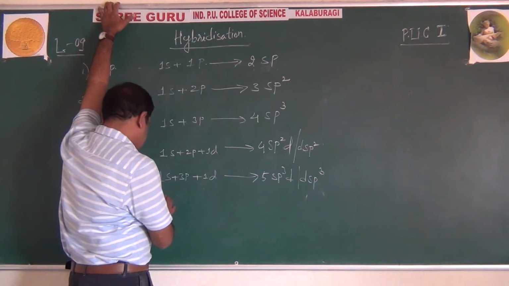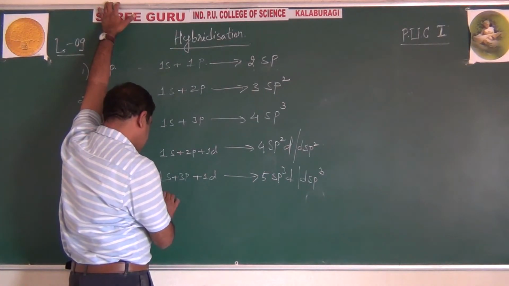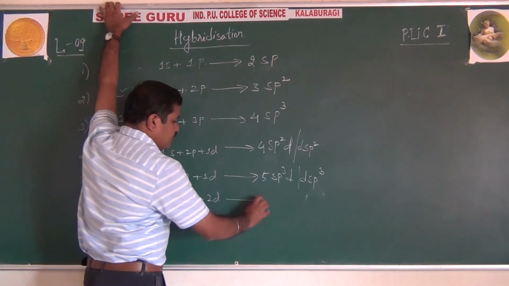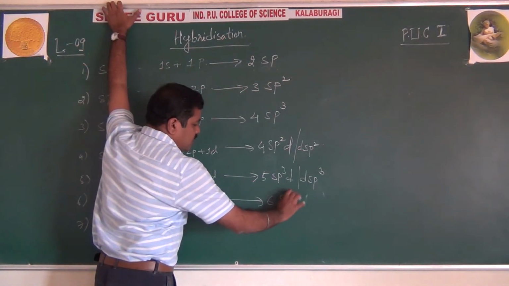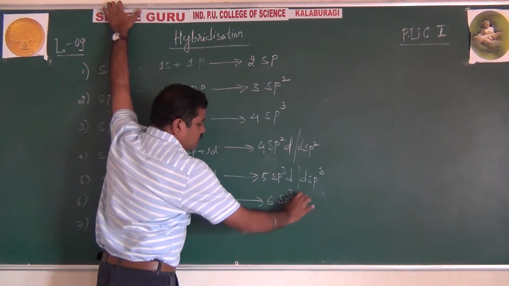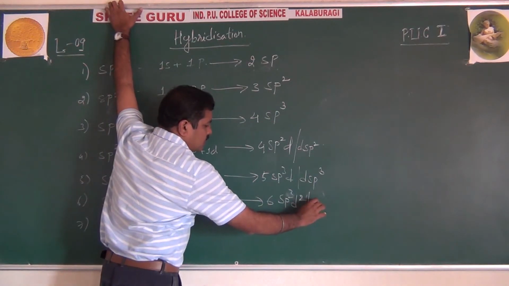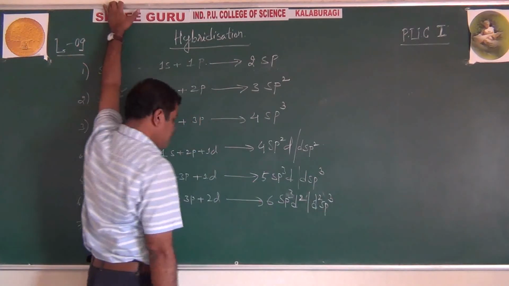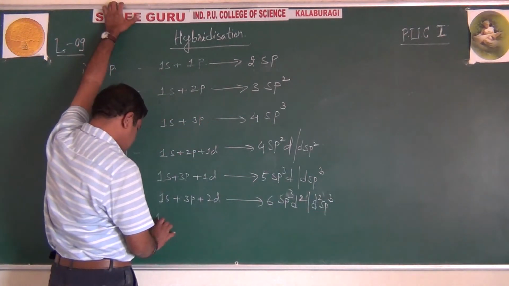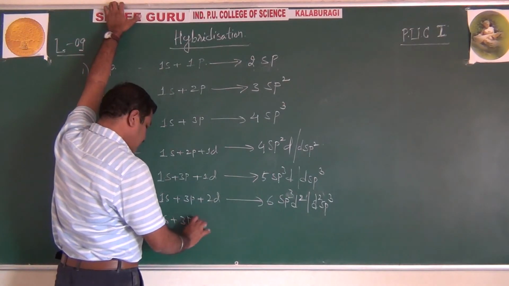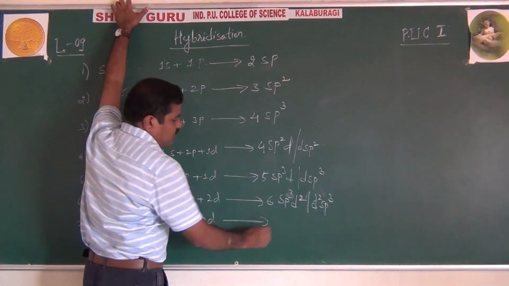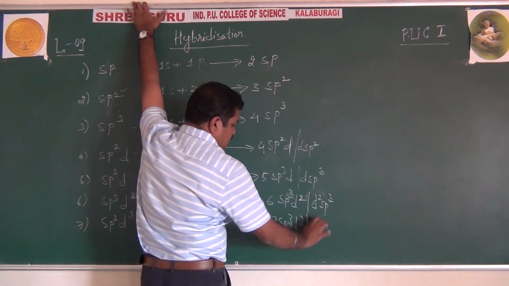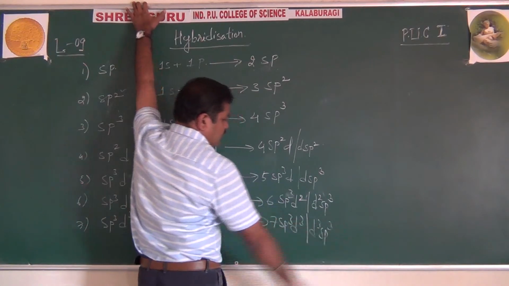Okay, and then sp3d2: 1s, 3p plus 2d, total 6, sp3d2 or it is also called d2sp3 hybridization. Lastly, 1s, 3p and 3d orbitals, so 7, sp3d3 or d3sp3 we can have.